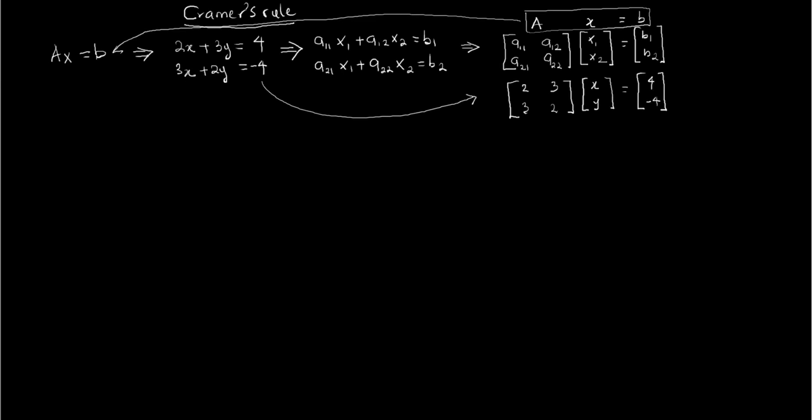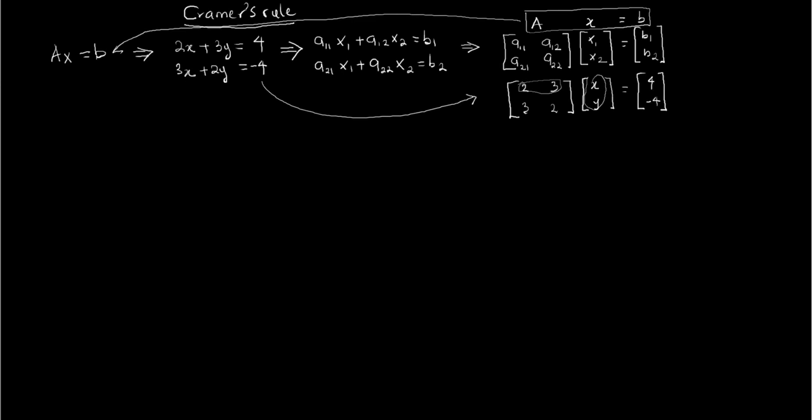If that is the case, we can now use Cramer's rule to solve this. It's very straightforward. Before I go there, this matrix equation can be transformed back into the original equations by multiplying this row by this column.